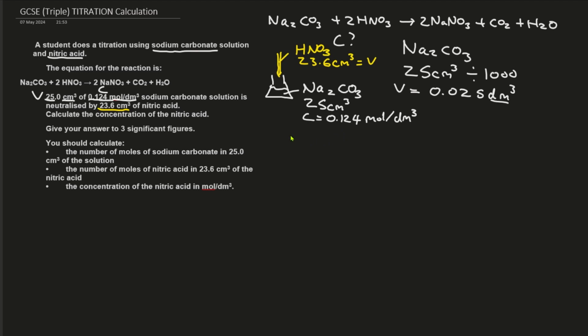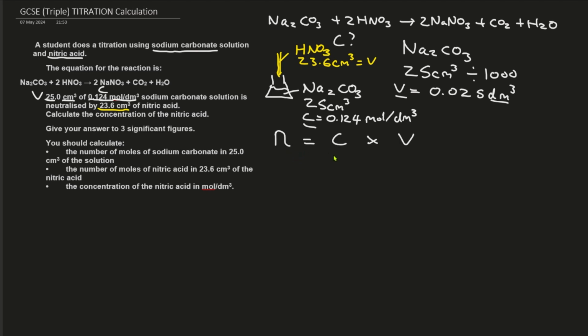Let's now work out what we can do with these two. So we've got this concentration, we have the volume. And I know that these two are related by the equation number of moles equals concentration times volume. Right? There's two ways to work out the number of moles. Either use the mass calculation for number of moles, or use the concentration calculation for number of moles.